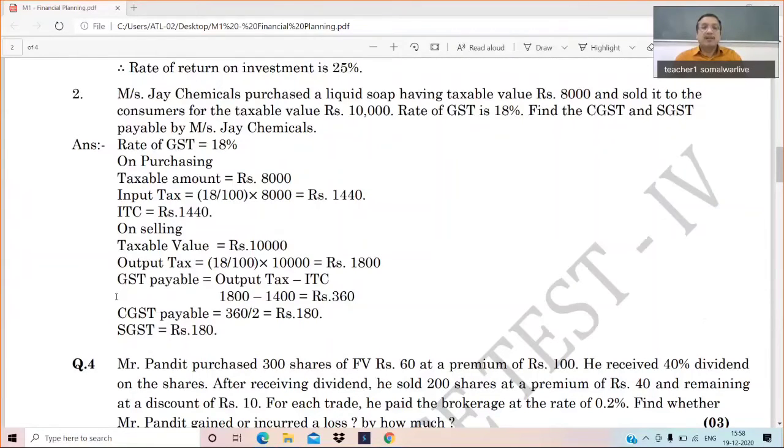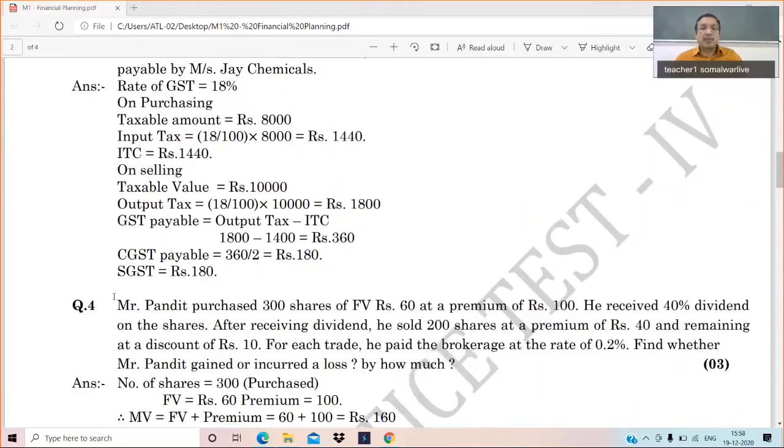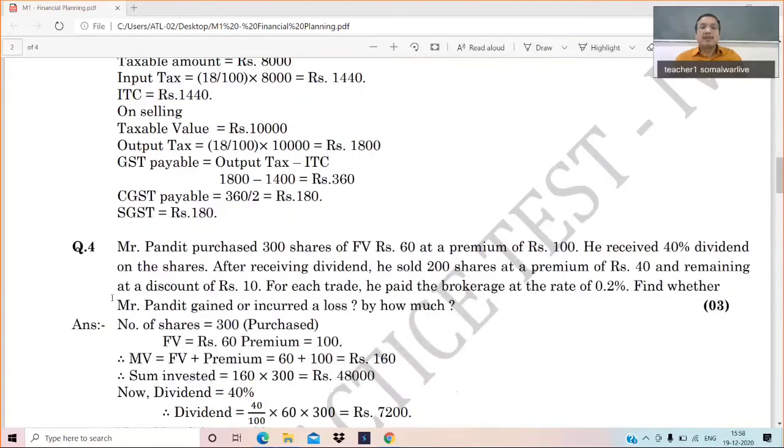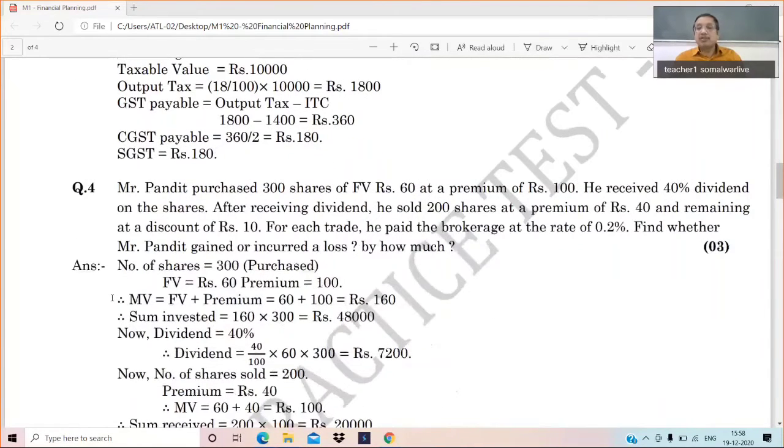Now, coming to question number 4. It is a somewhat longer question, so you have to read the question very carefully. Mr. Pandit purchased 300 shares of face value rupees 60 at a premium of rupees 100.